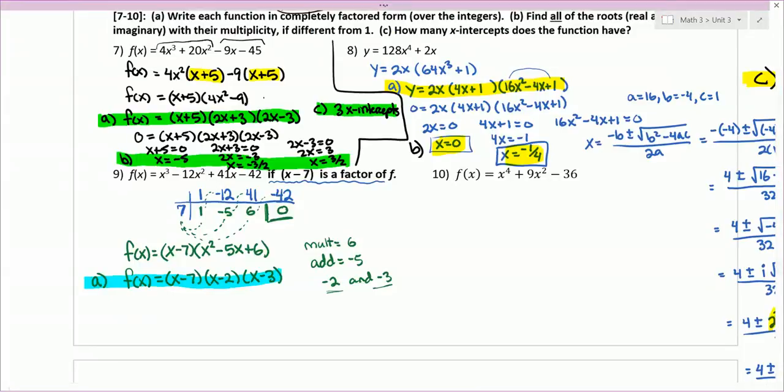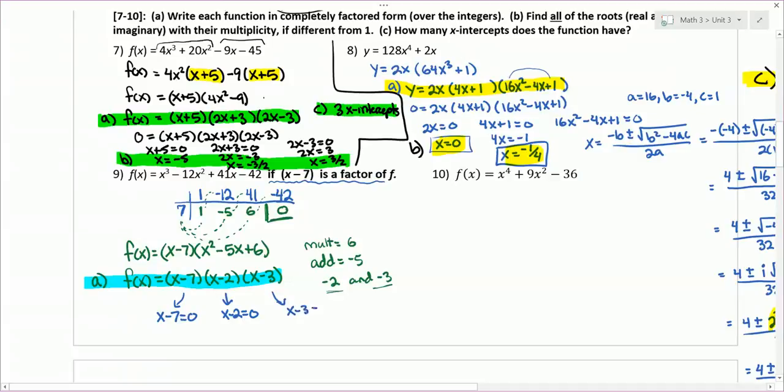Part B, we want our zeros, so we end up taking each factor, setting it equal to 0, and solving for x. So we get x is 7, x is 2, and x is 3. That's part B.